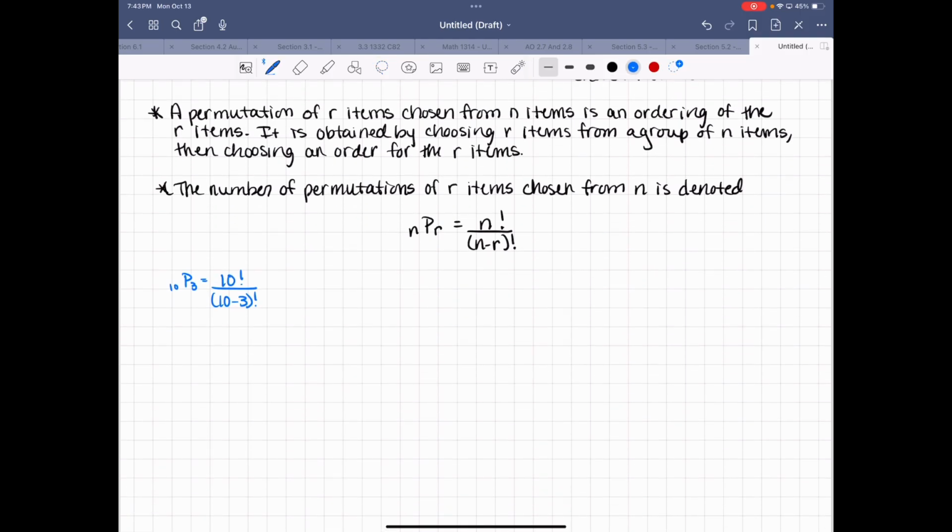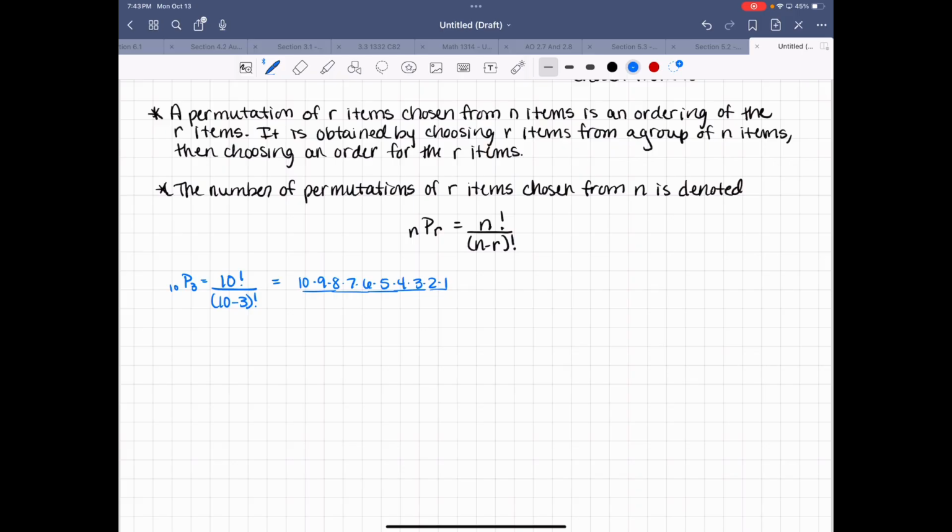Okay? So, well, 10 factorial is really 10 times 9 times 8, 7, 6, 5, 4, 3, 2, 1. Well, 10 minus 3 factorial, that's 7 factorial. And 7 factorial is really 7 times 6 times 5 times 4 times 3 times 2 times 1.